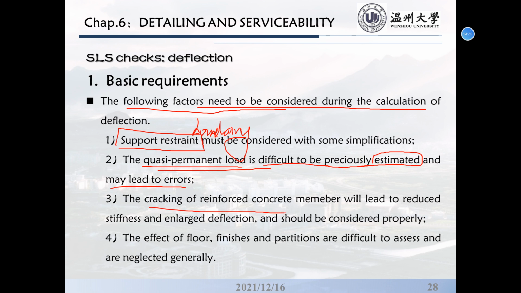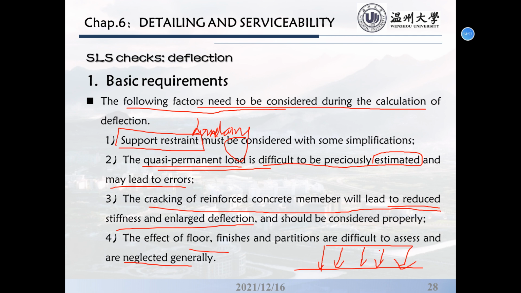Also, the cracks that happen on the beam or the structure member will affect the deflection. Also, the floor's finish portion. For the floor, we do the design, but in reality, they have the door and the floor. How to estimate the load? We should do some simplification, right? Simplification.